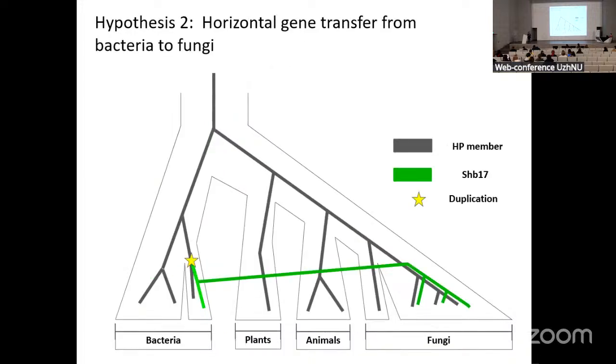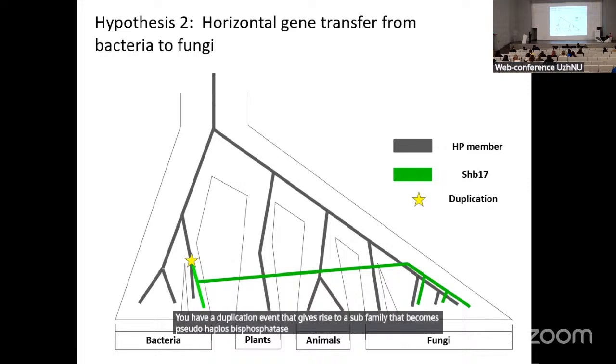Here's a second hypothesis. You have acid phosphatases evolving since the beginning of time. And then somewhere in bacteria, you have a duplication event that gives rise to a subfamily that becomes cytoheptulose bisphosphatase. And then following that, you've got a transfer into fungi.